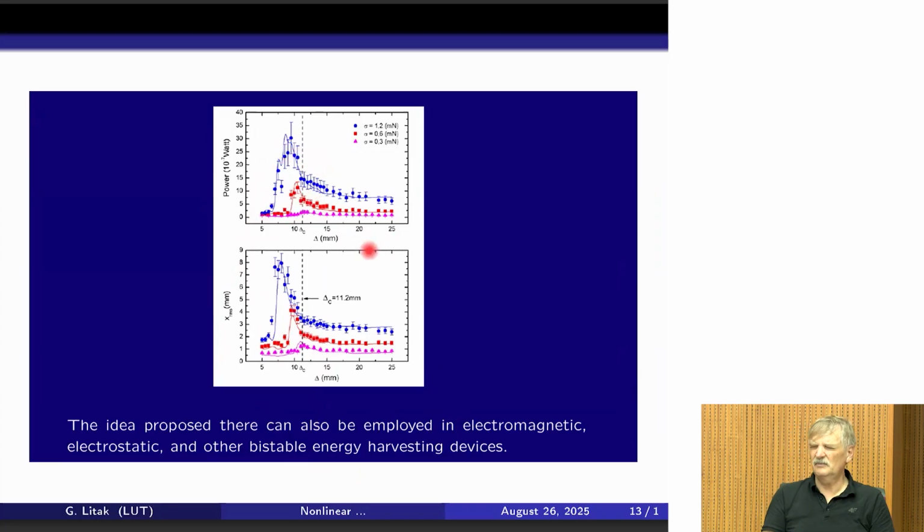This is also called a stochastic resonance, but it is not a classical stochastic resonance where you have two signals, both periodic and stochastic excitation simultaneously, but this is coherence, stochastic coherence resonance. So stochastic coherence resonance was studied also for some biological reasons.